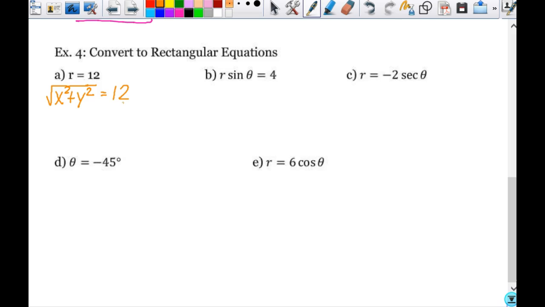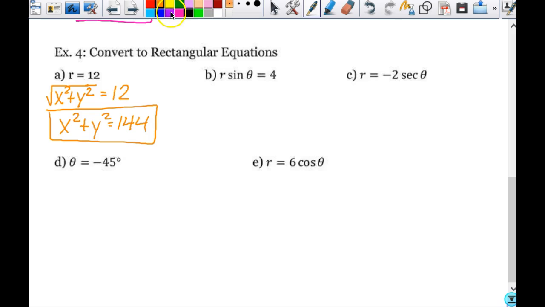Well, I don't like that, so what can I do? How can I get rid of that square root? I'm going to square both sides. So this gives me x squared plus y squared equals 144. This gives me a circle. The center is at the origin. The radius is 12. Bam. That's what that does right there in the polar system as well. The equation just looks a lot nicer in the polar system. We all good?